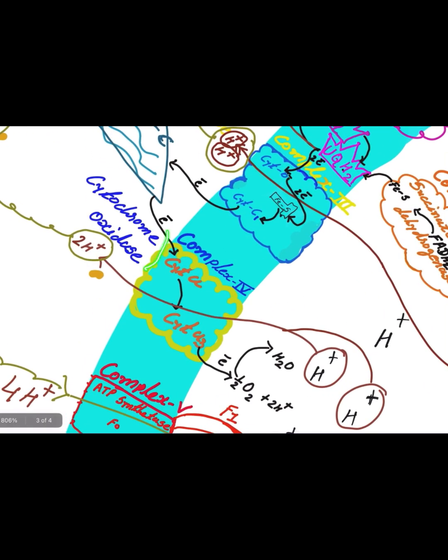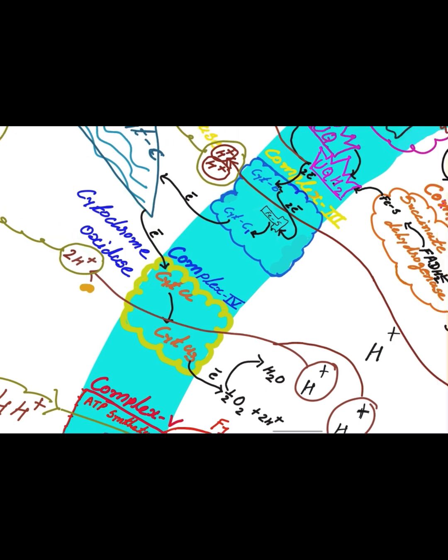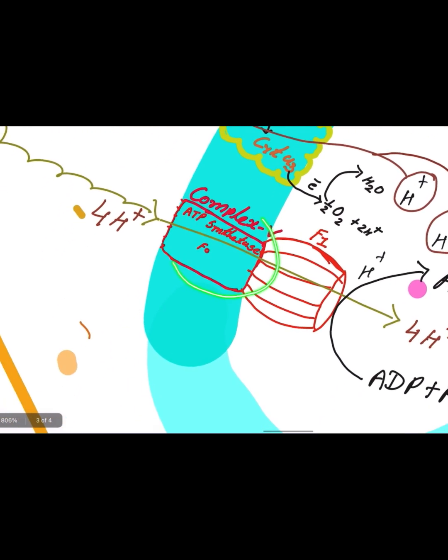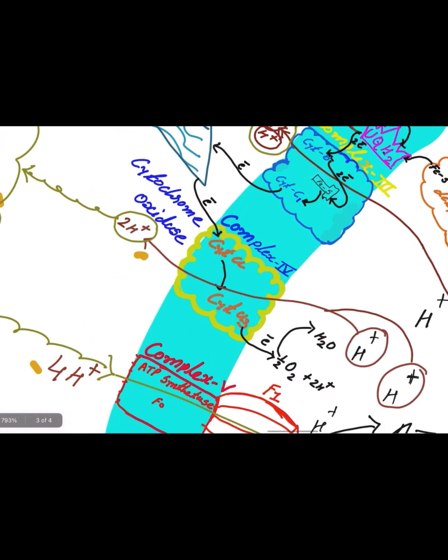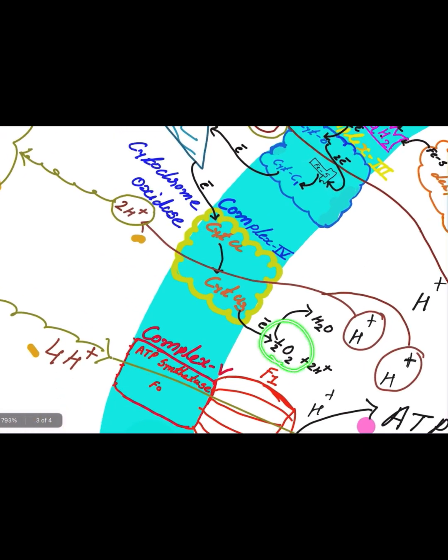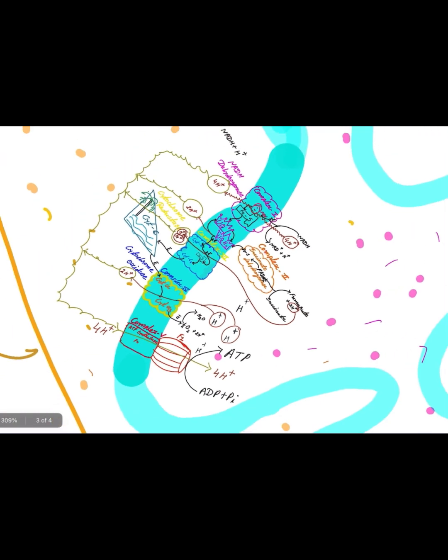Complex 4 is cytochrome oxidase, it carries out the oxidation, and complex 5 is ATP synthetase. Here the final electron acceptor is the oxygen molecule. The role of oxygen in aerobic respiration is during this oxidative phosphorylation.